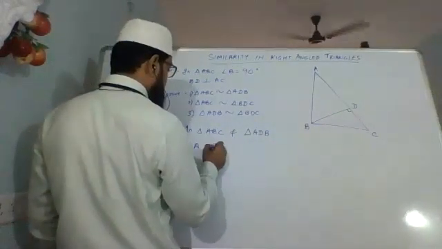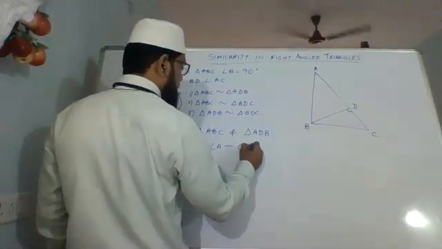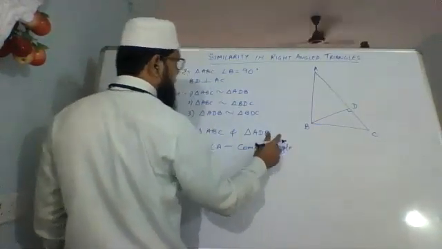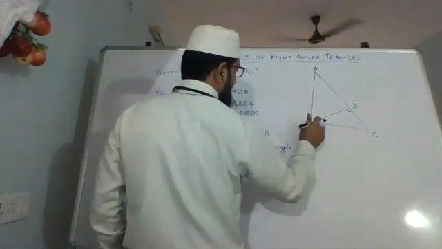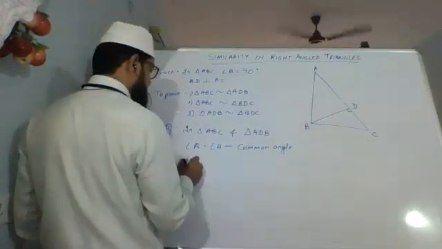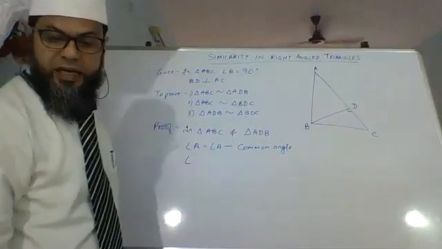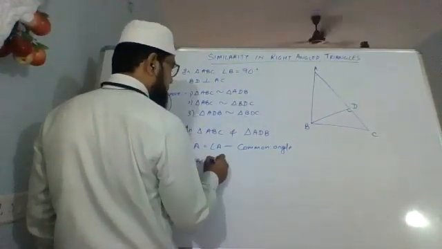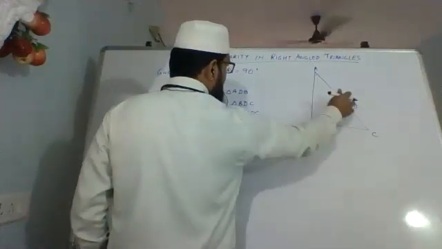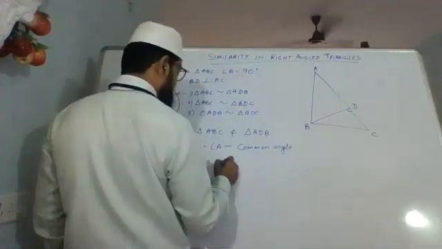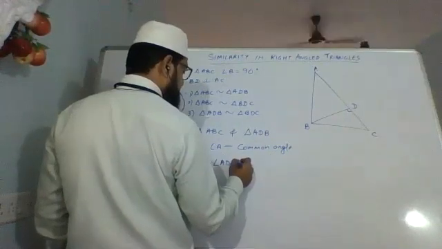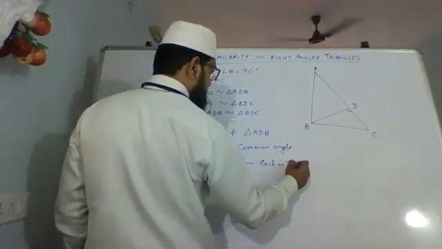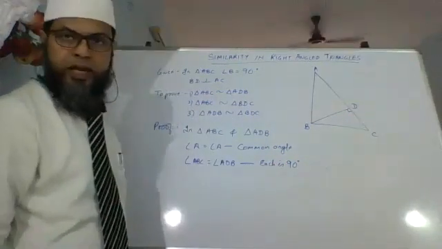Angle A equals angle A. Now, in triangle ABC, angle B is 90 degrees, correct? Angle ABC. And in triangle ADB, angle D is 90 degrees. Angle ADB. Each is 90 degrees.